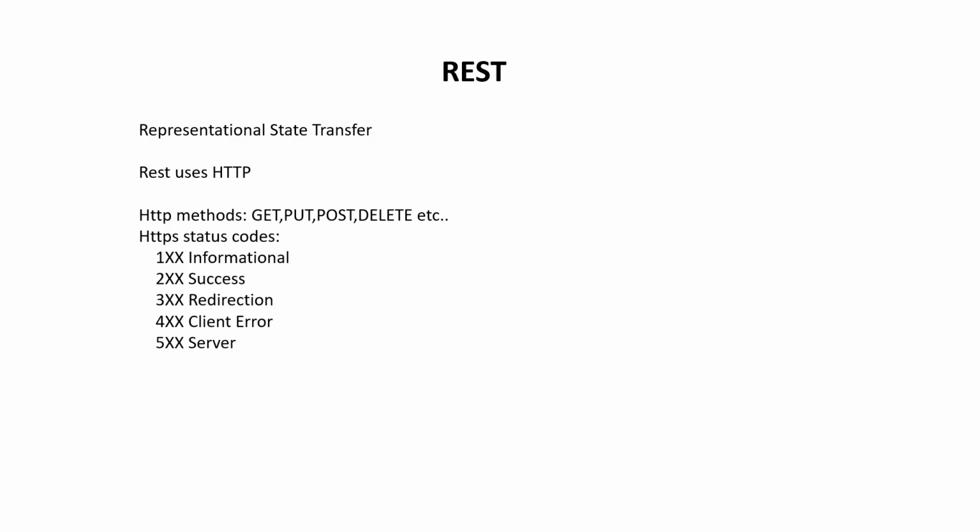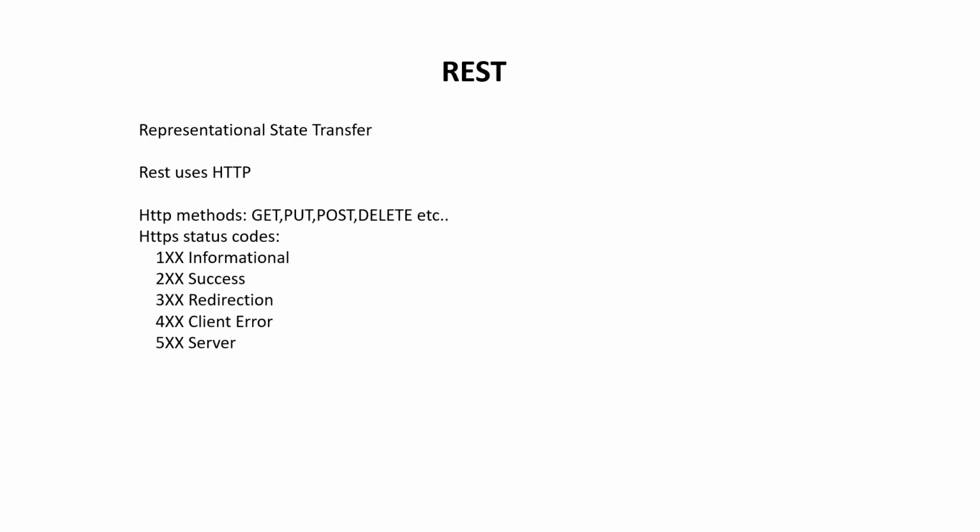If you want to give any informational message back to the consumer, we can use HTTP status codes as 1xx. For success, if we are successfully sending some data to the consumer, then we can use 2xx status codes. If we are redirecting to some other place, then we can use 3xx. Client error is 4xx.